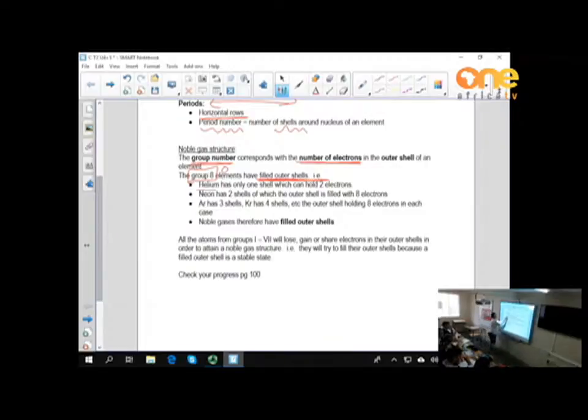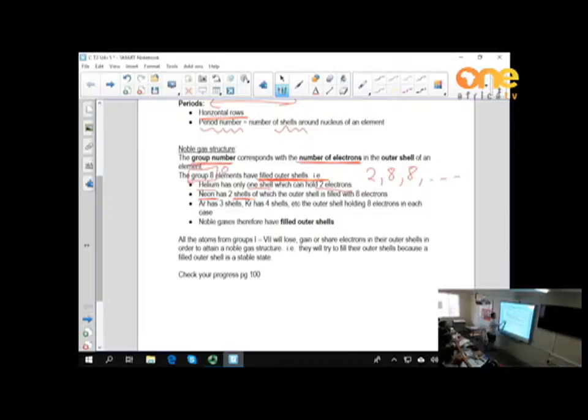Helium only has 1 shell. The first shell we know can only hold 2 electrons. Remember the model that we do? 2 electrons, 8, etc. All right. After helium, we get neon. It has 2 shells. So the first shell will have 2 electrons, and the second shell will have 8 electrons, filling it up.